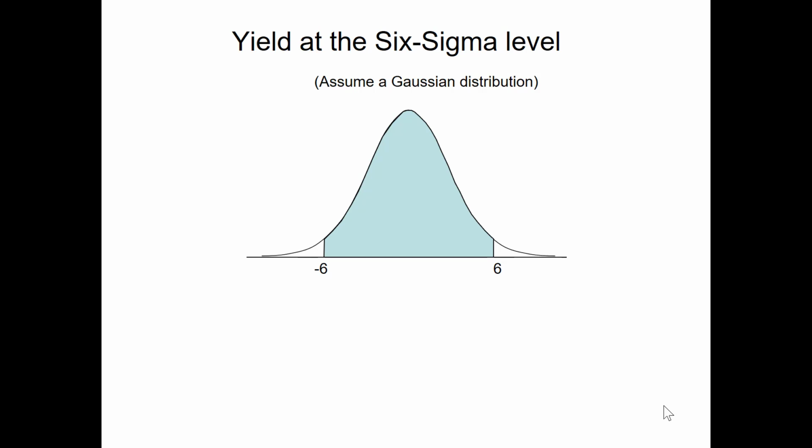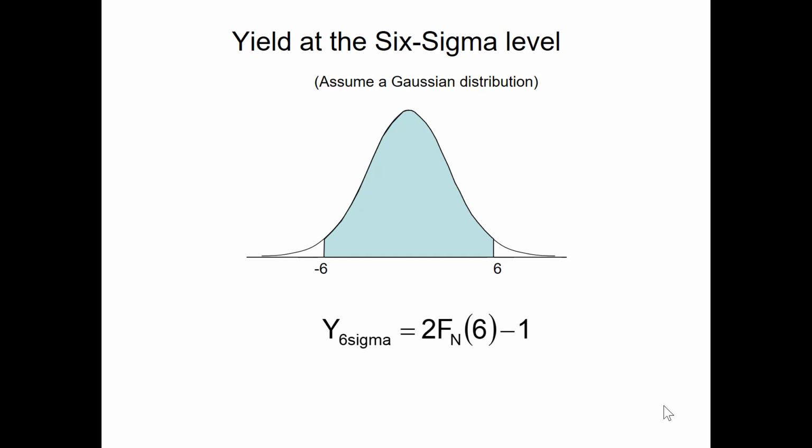You've probably all looked at the bell curve before, even if you haven't been through the STAT course. Yield at the Six Sigma level, assuming a Gaussian distribution, is equal to the area under the bell curve between plus 6 sigma and minus 6 sigma, where sigma is the standard deviation. So it's the area in blue there relative to the total area. Of course, the total area under the bell curve is 1.